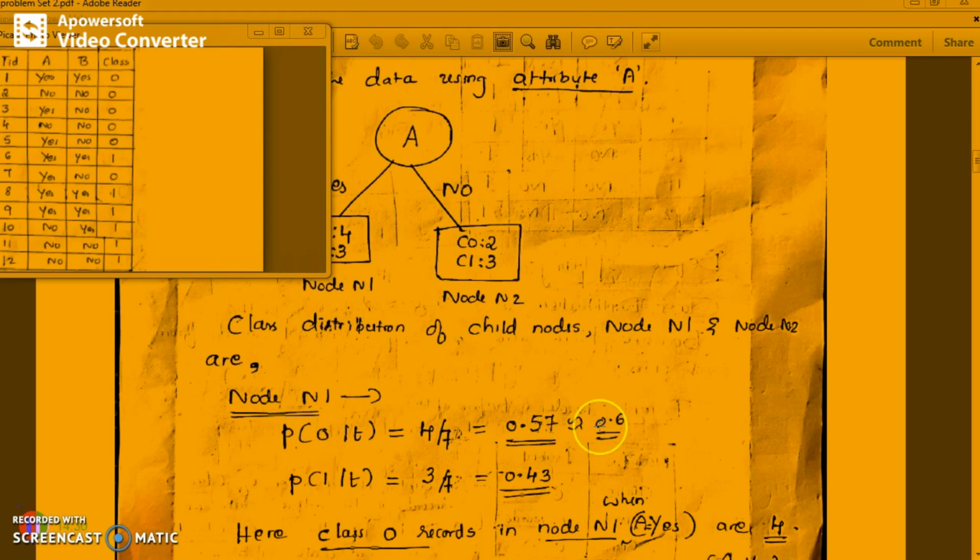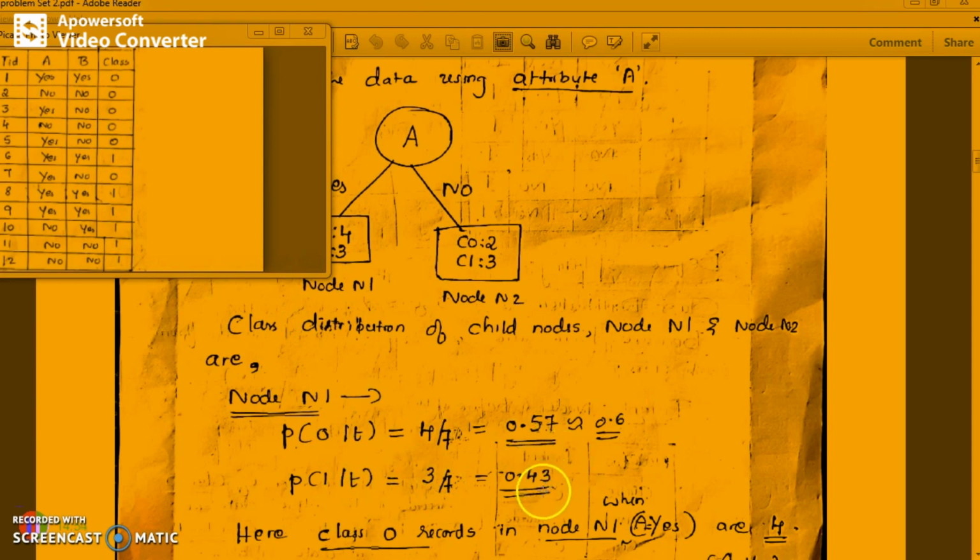This is how you calculate the distribution, okay? And next you compute the other also. Out of these 7 records where A value is equal to yes, how many are belonging to class 1? We have already found that there are total 3 records out of 7 belonging to class 1.